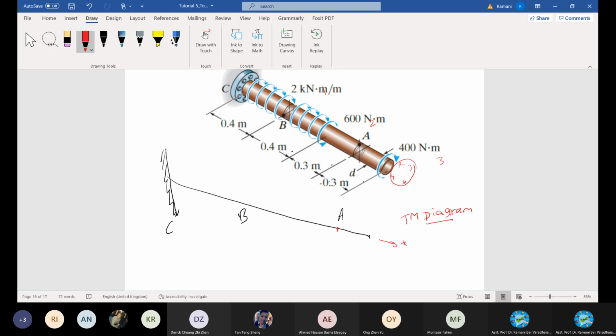Here is anti-clockwise 400. It's negative, downward, below the axis or above the axis. I have to mark 400 for the torsional moment diagram. Here you have written torsional moment diagram. For drawing the torsional moment diagram, should I draw the 400 down or up? Negative.